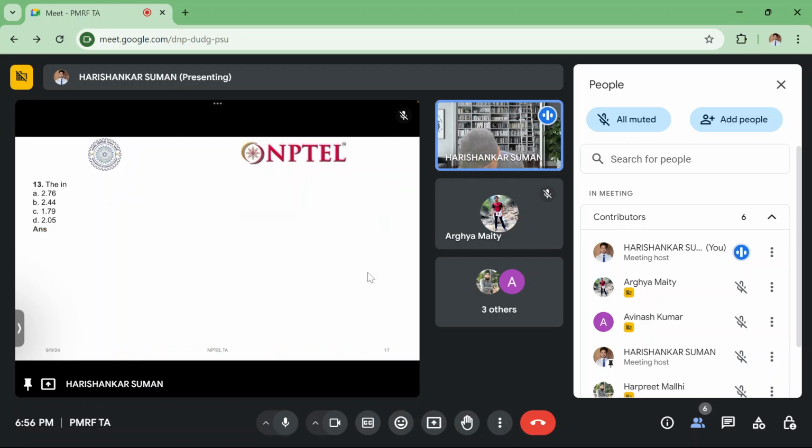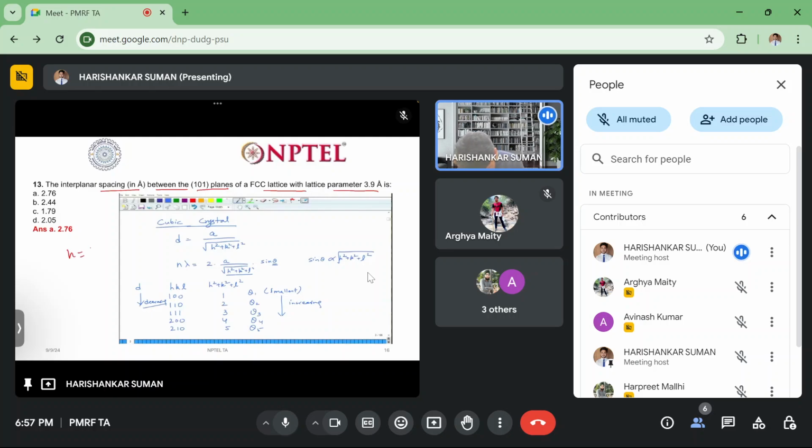Option A is correct, but let's see how. h equal to 1, k equal to 0, l equal to 1, and a is given. We have to find d. For cubic, we know d equals a divided by root of h squared plus k squared plus l squared.